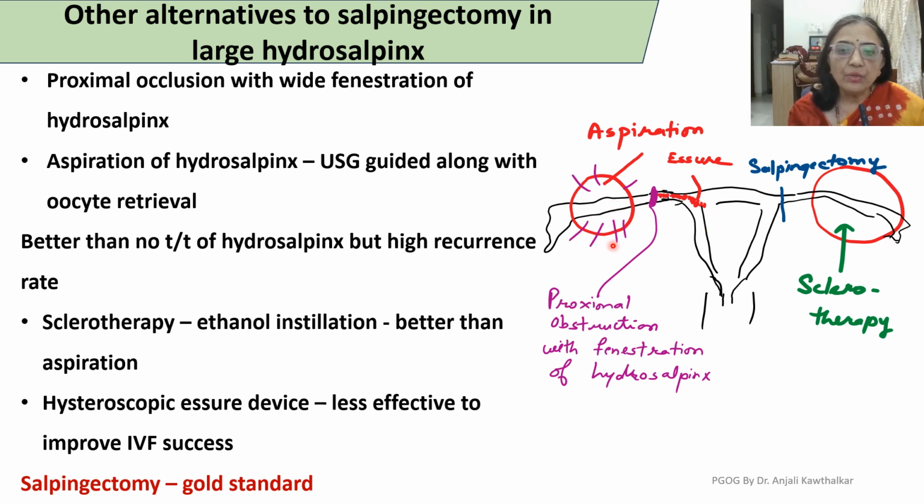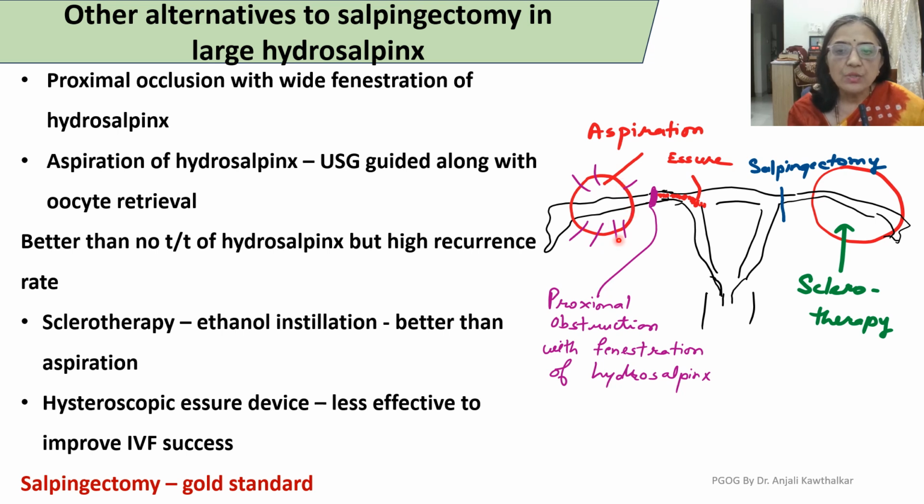But why do we need to give fenestrations over the hydrosalpinx? There is a risk of increase in the size of hydrosalpinx with the patient becoming symptomatic. Many times this hydrosalpinx is asymptomatic, but if we do the proximal occlusion with the help of laparoscopy, there is a risk of increase in size and the patient becoming symptomatic.